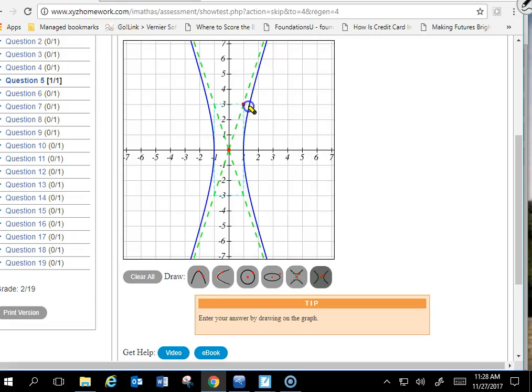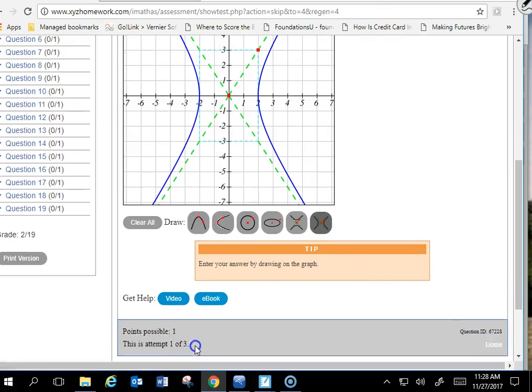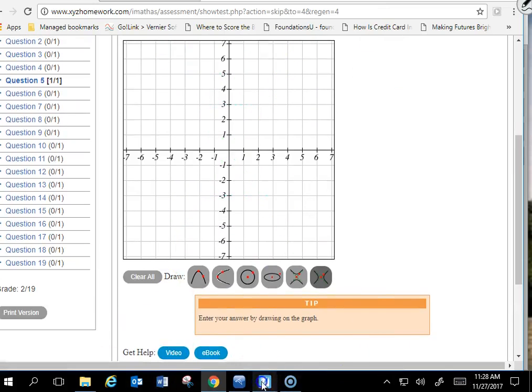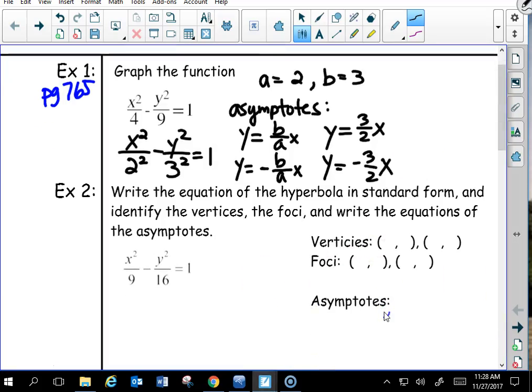So up 3 over 2, and there's the graph of that hyperbola. So just use the slope, leaving from the center of your hyperbola in order to graph it. I'll come back and use that. And we're done with example 1.